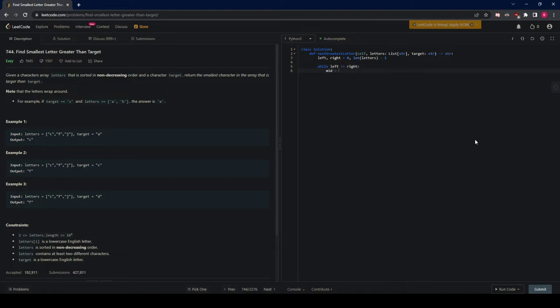We want to calculate mid. We're going to be doing this again: right minus left, floor division 2. If you haven't seen any of the other videos, the reason why we do this is because if you do left plus right divided by 2, I'll just add the parentheses, it's possible that you overflow.